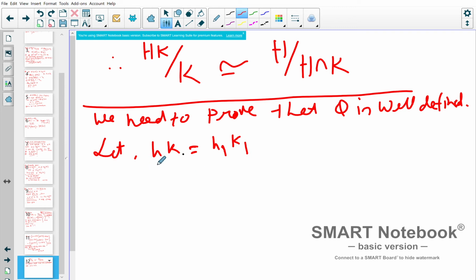But phi of hk is what? The coset of hk inside this, right?